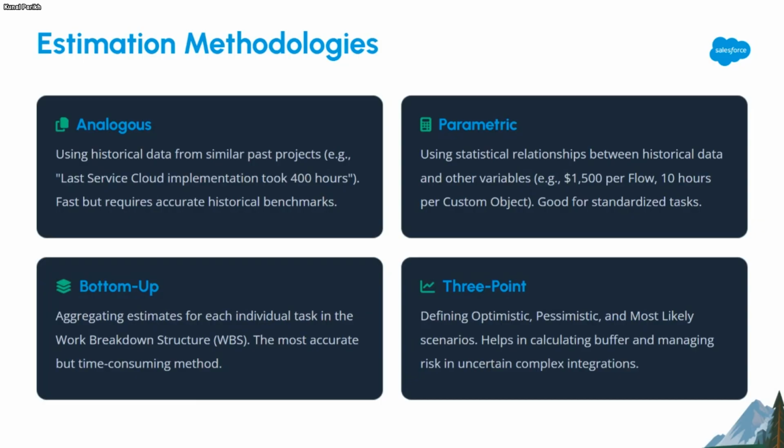It's a combination where you take 3 scenarios: the most optimistic scenario, a complete negative scenario where everything goes wrong in the project and you have double the effort, and the most likely scenario. Then you arrive at an average of that and arrive at the pricing.